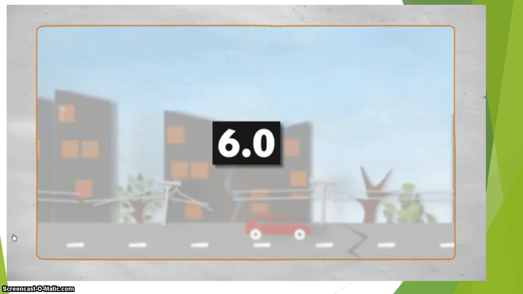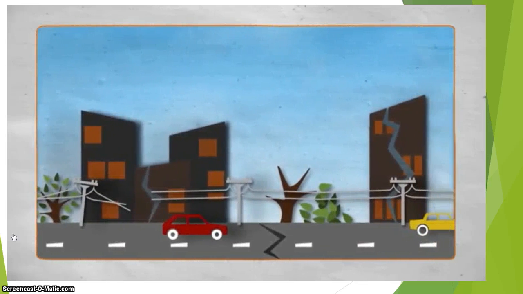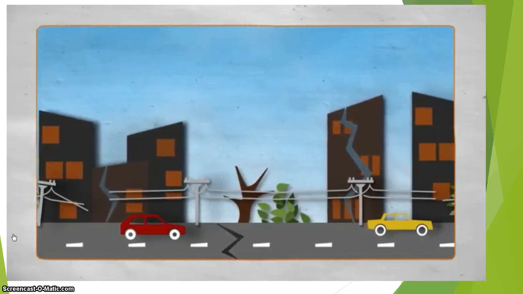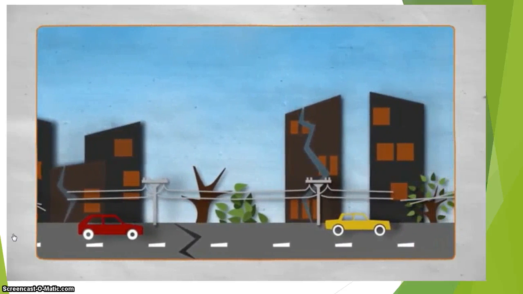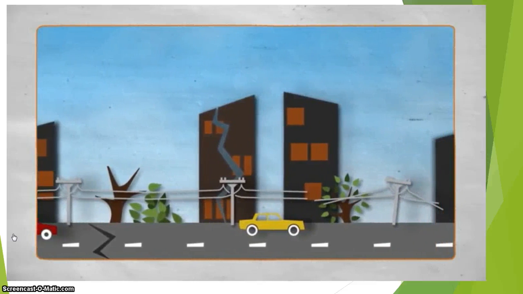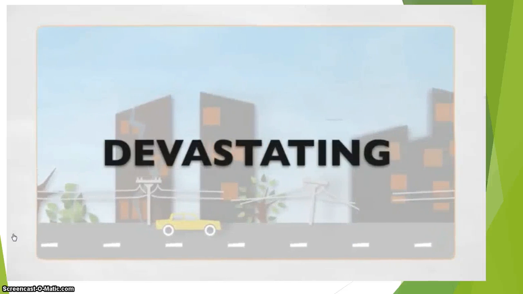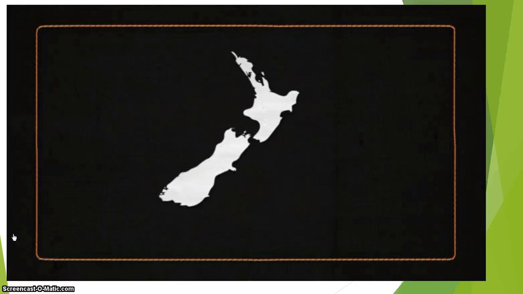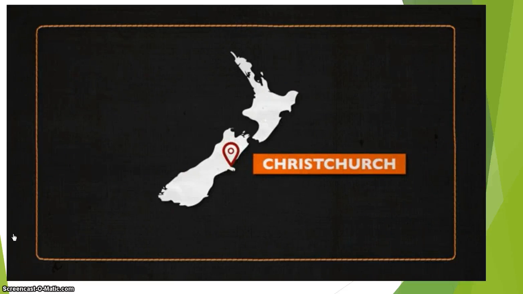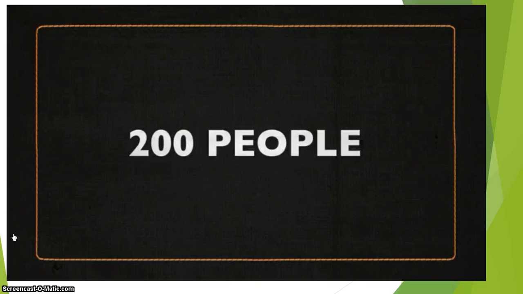At 6, some buildings are generally damaged, depending on the quality of construction and how deep below the Earth the earthquake's origin occurs. Quakes close to the surface produce more damaging energy waves. But even earthquakes this size can be devastating.